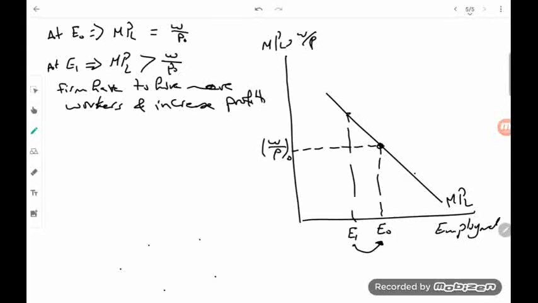Once again, firms have to hire more workers in order to increase profits. So this is not the profit maximizing point.